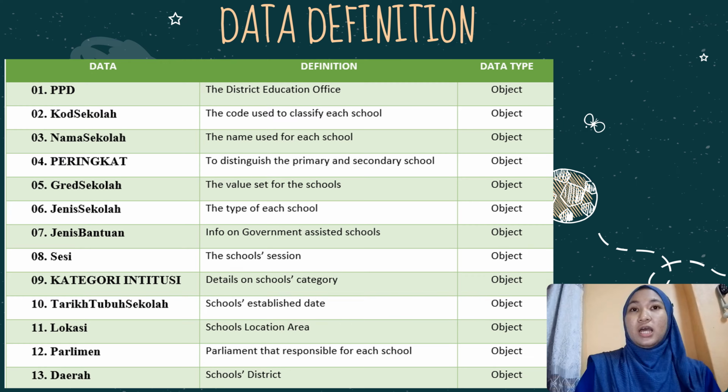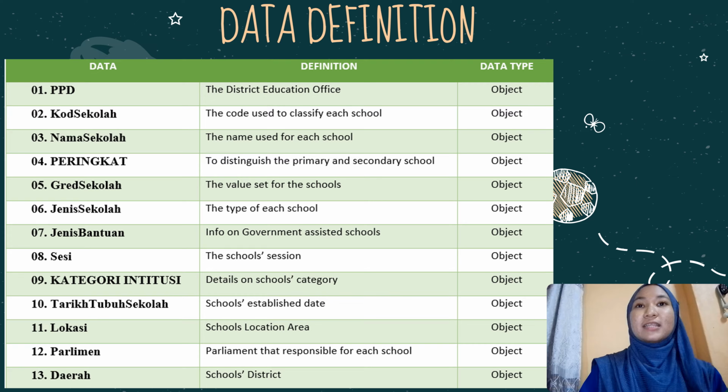Data definition. There are 26 columns of data. I will explain the data definition and the data type. The first one is PPD. It refers to the District Education Office. Kod sekolah, the code used to classify each school.